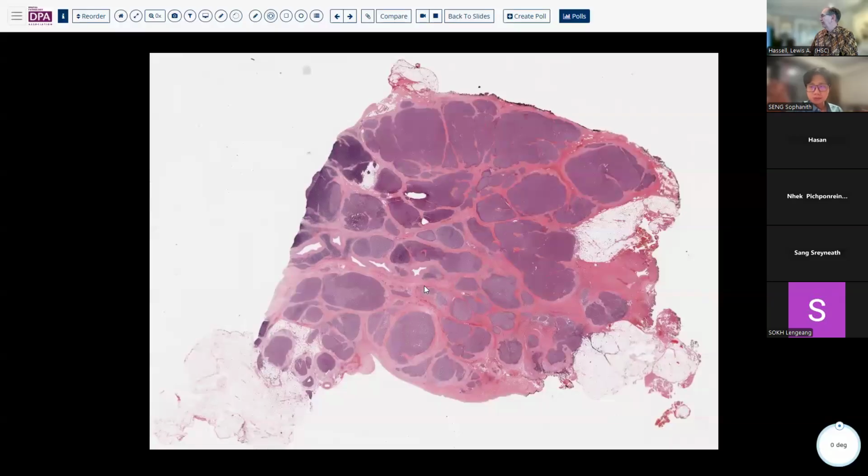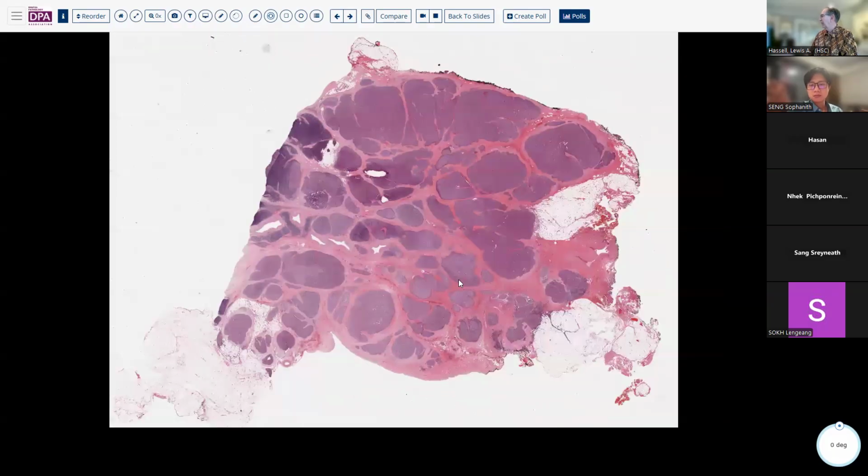Okay, so here's another easily recognizable case of thymic neoplasm. As you see, there are no cystic structures here, but at low magnification, there are a couple of features that come out to us. One is how it's interfacing with the surrounding fatty tissue.